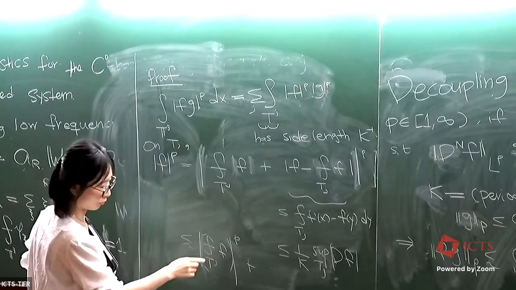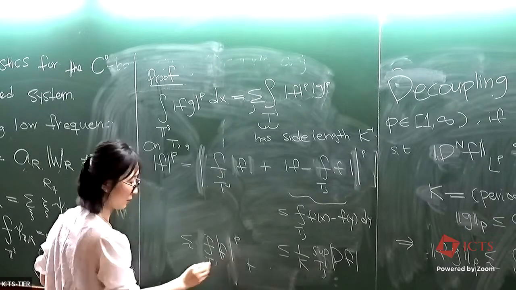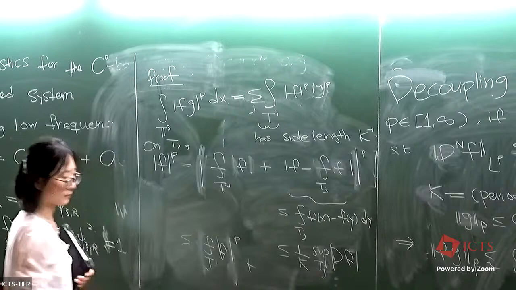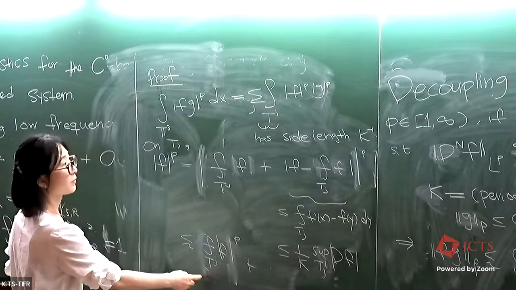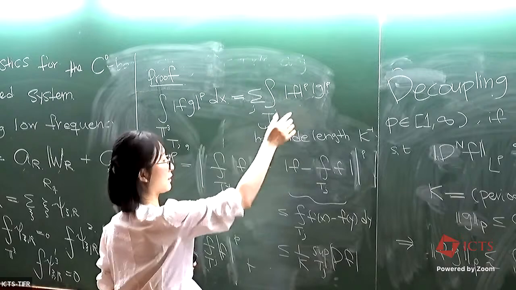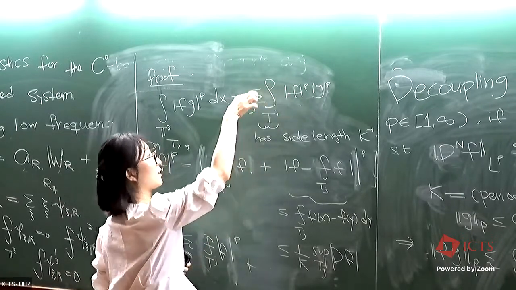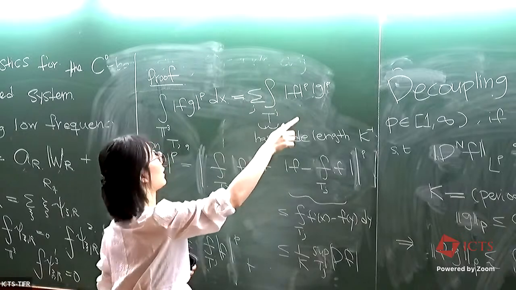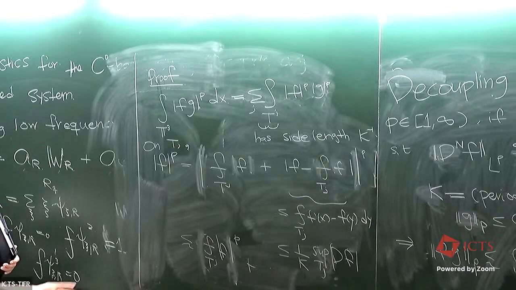And here, if you use just Hölder, you can also write it this way. Okay, so this is the leading order term. And now if you plug this back to here, you can easily see that this is constant on T_j, so you can just take it out. And if you do some computation, you can see that this is bounded by C_f and C_g.